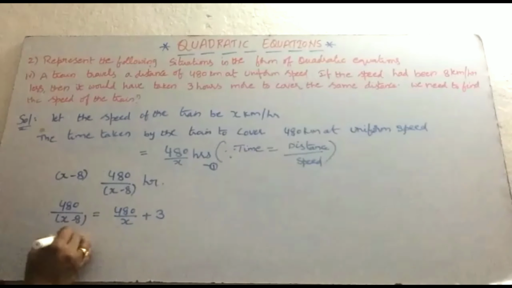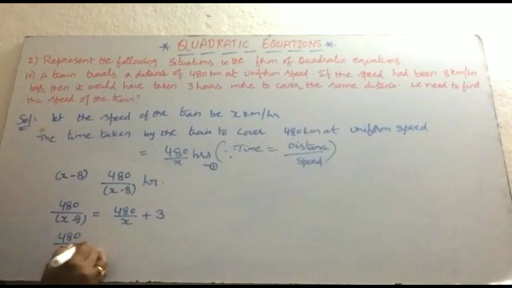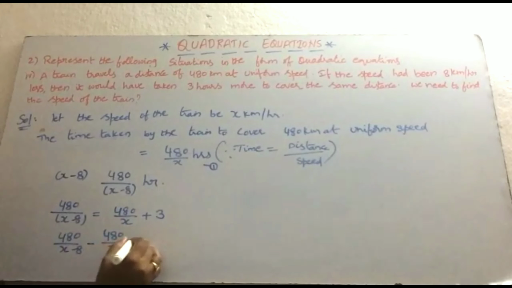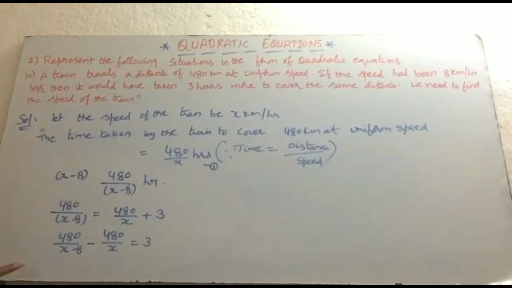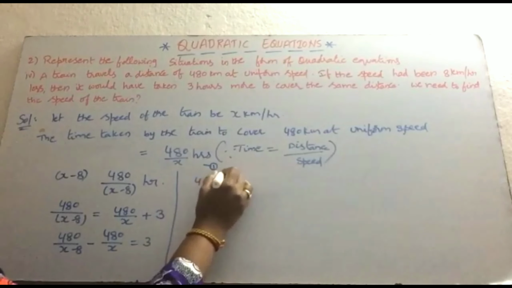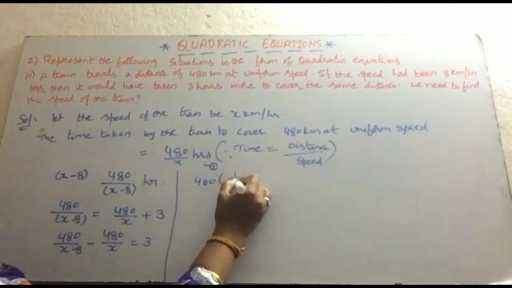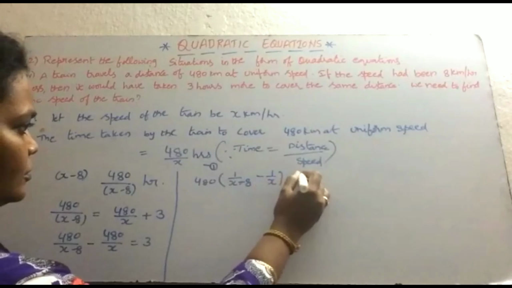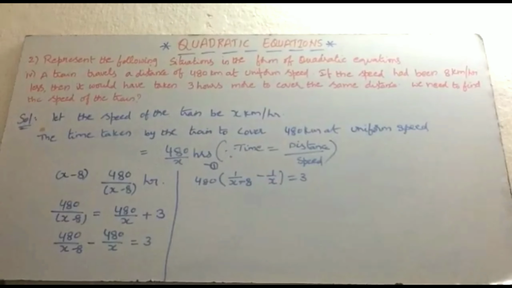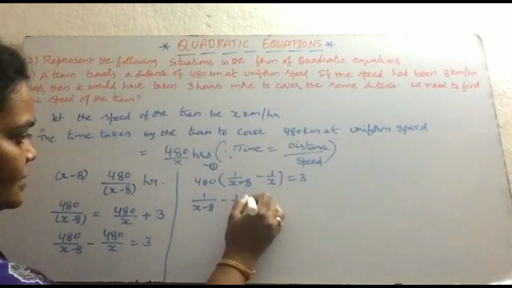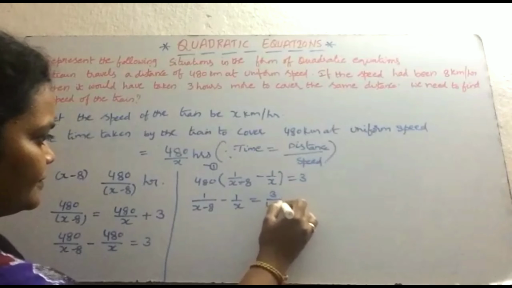Here 480 by (x minus 8), I will transpose 480 by x to this side, is equal to 3. Taking 480 common, we get 1 by (x minus 8) minus 1 by x is equal to 3 by 480.